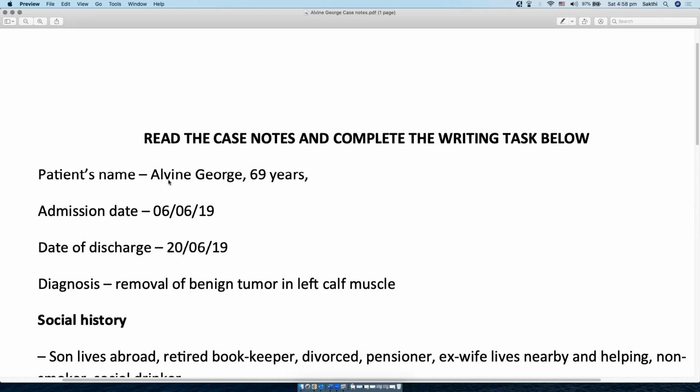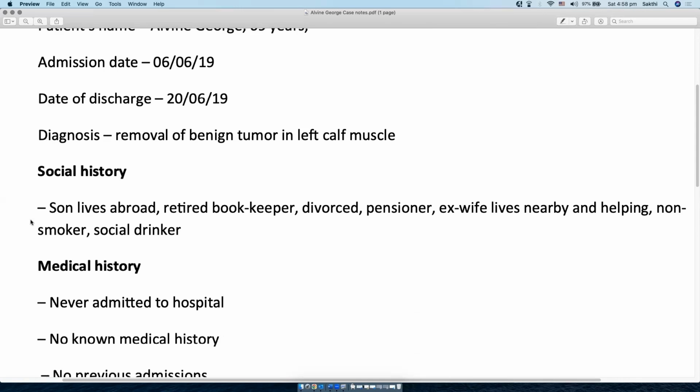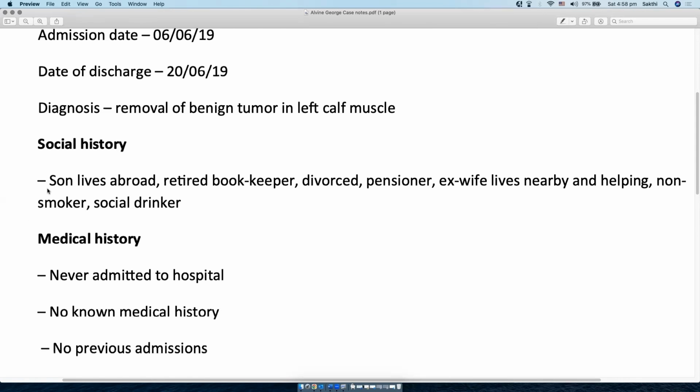The patient's name is Alvine George, 69 years, and the admission date is 06/06/19. The date of discharge is 26/19, and the diagnosis is removal of benign tumor in left calf muscle. The social history includes son lives abroad, retired bookkeeper, divorced, pensioner, ex-wife lives nearby and helping, non-smoker, social drinker.